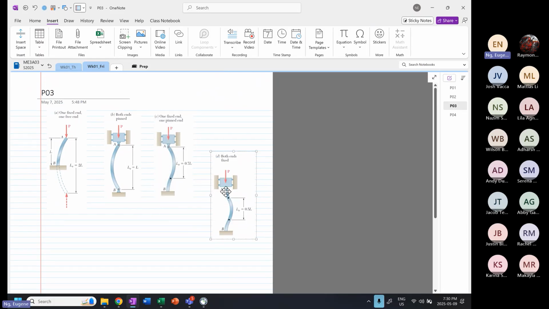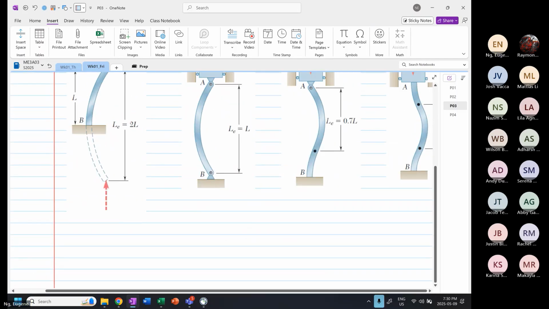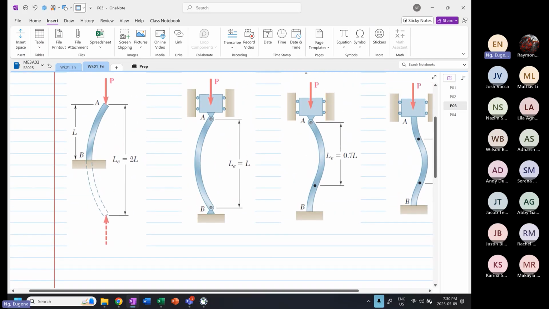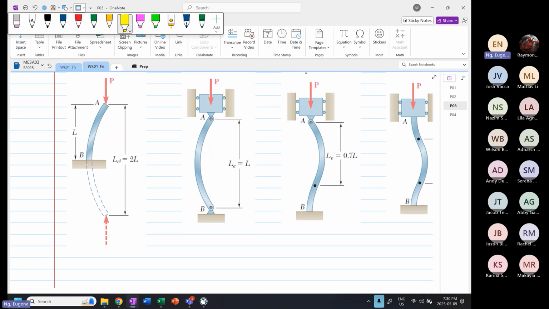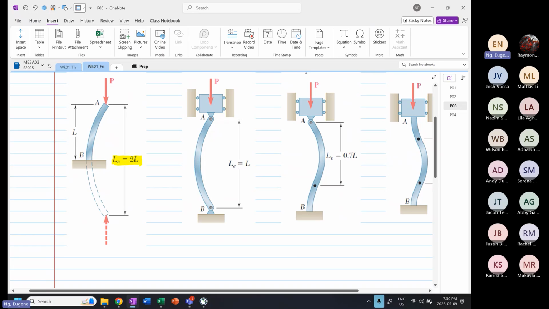You can see from this diagram, the first one, when it's free, LE is equal to 2L.